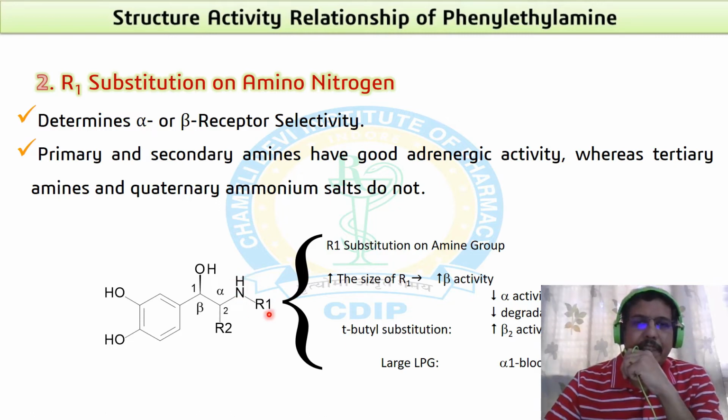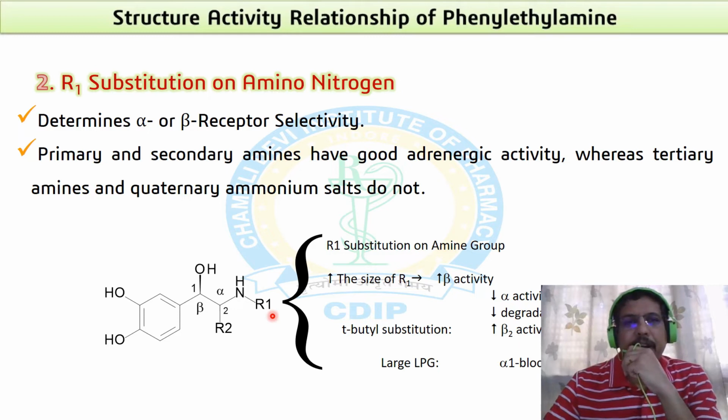The terminal amino group may remain in the form of primary, or secondary, or tertiary and quaternary.